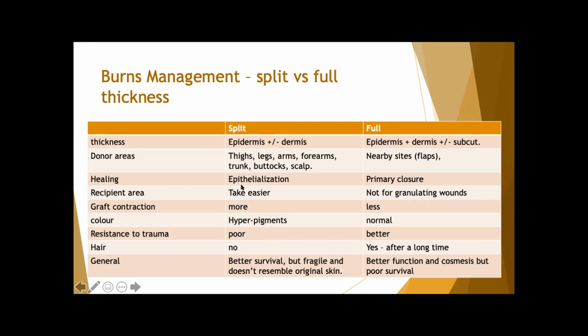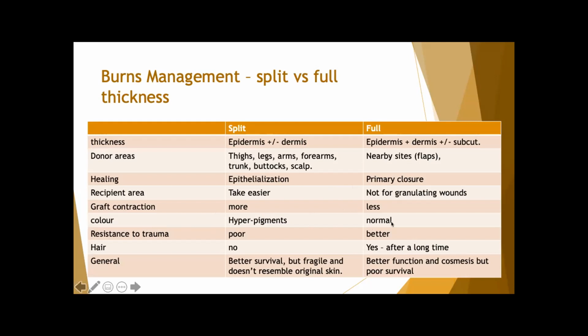In terms of healing, you get epithelialization with split. We get primary closure with full thickness. The split skin tends to take easier to the new site, where full thickness, it's not good for granulating or healing wounds. It's one of these things where you'd put it over fresh underlying tissue. In terms of contraction, as a general rule, split contracts more over time, where full doesn't.